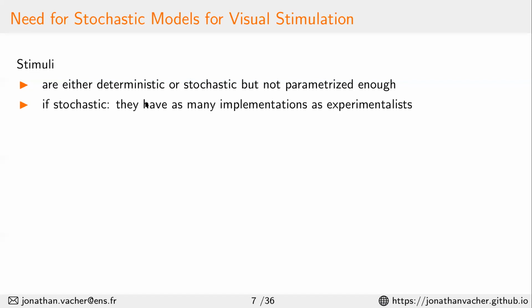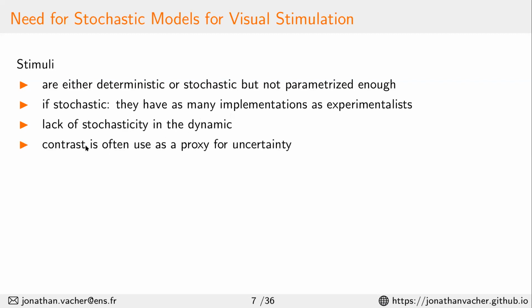And when it's stochastic, every experimentalist is using his own implementation, and there are so many different libraries that are available to craft stimuli like this. So there's a lack of uniformization in the field, and also most of the stimuli were static, and there's a lack of a dynamic aspect in those stochastic stimuli.